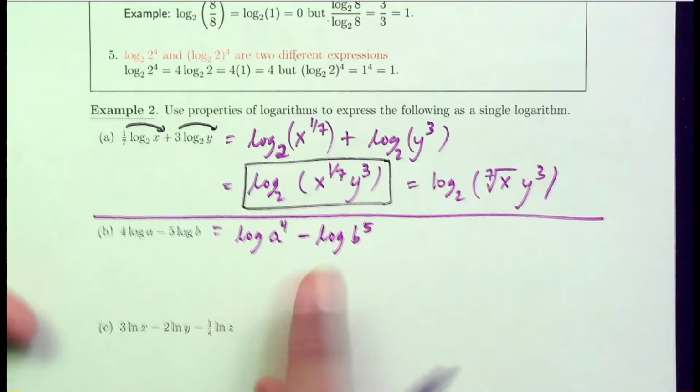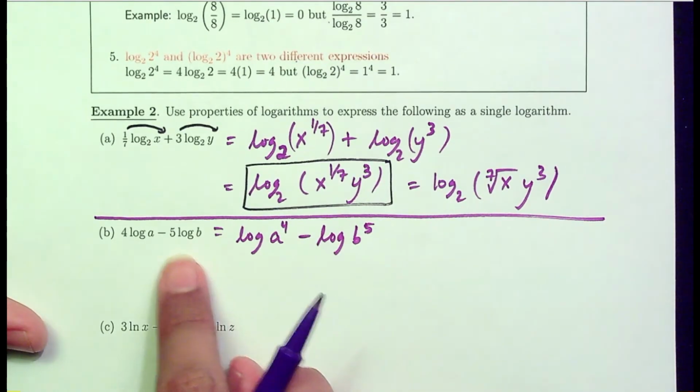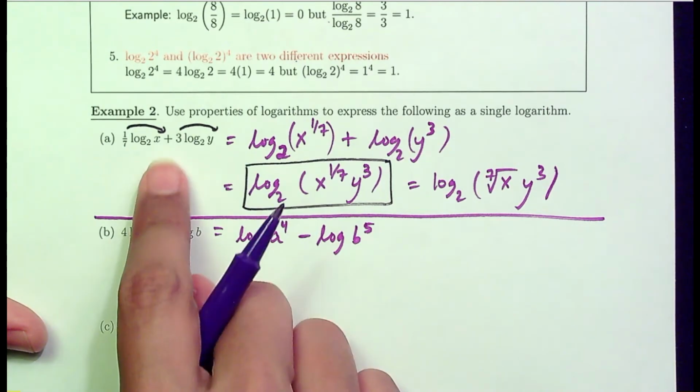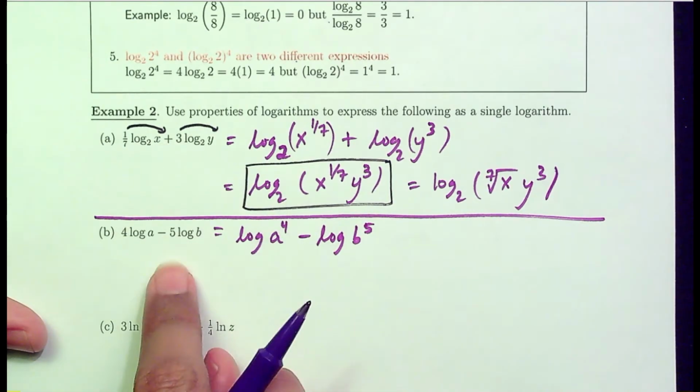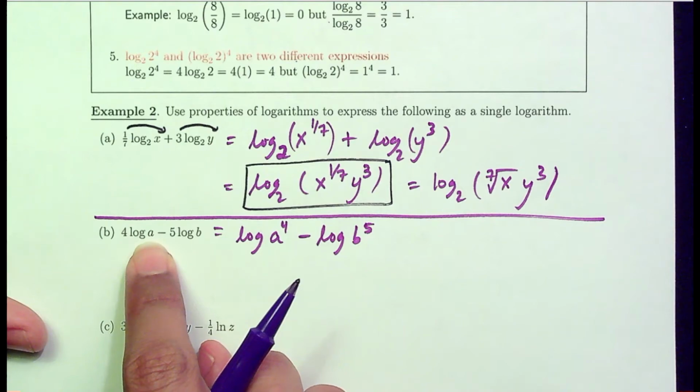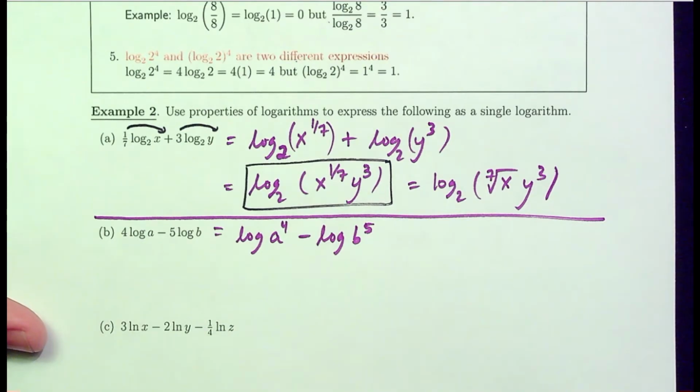And remember that when there's no subscript for the logarithm, in engineers' understanding, that means base 10. So this is logarithm base 10.